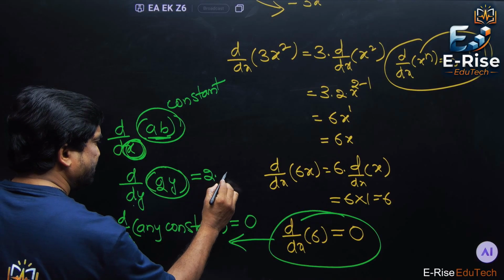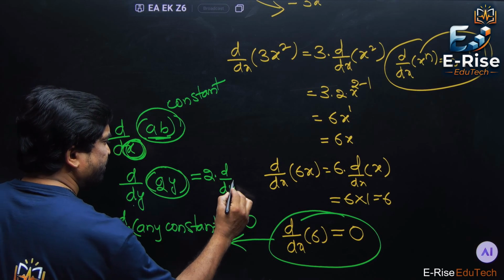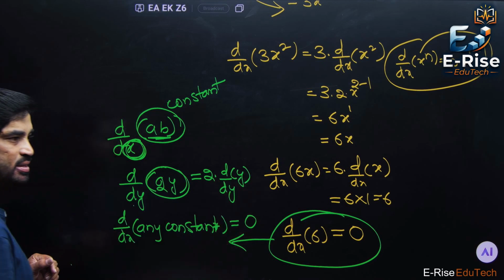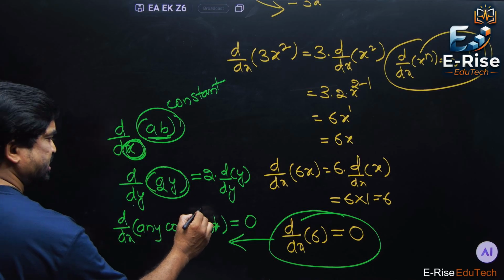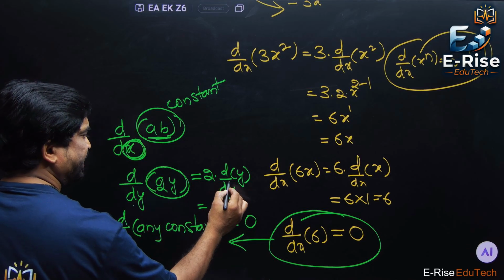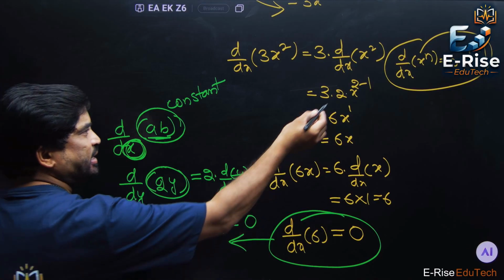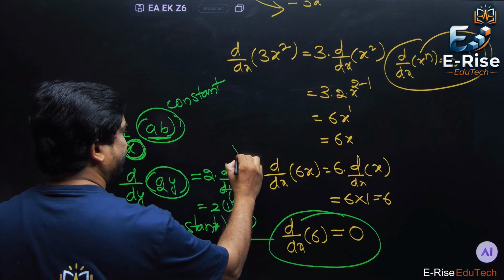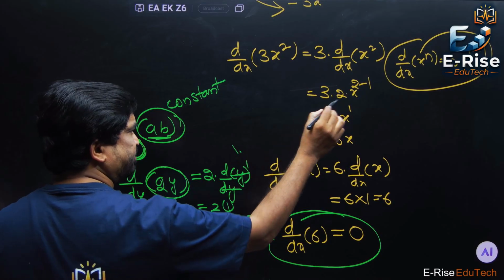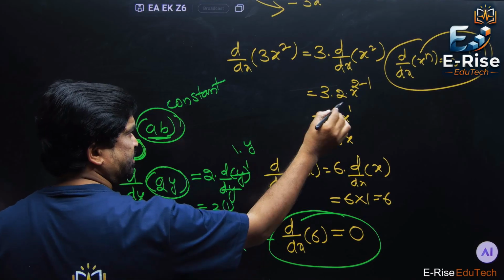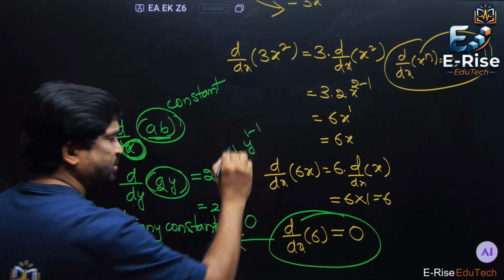2 into d by dy of y. What is the differentiation of y? 2 into dy by dy, which gives 1. Or you can apply the x power n formula also: y to the power 1, so 1 into y to the power 1 minus 1.